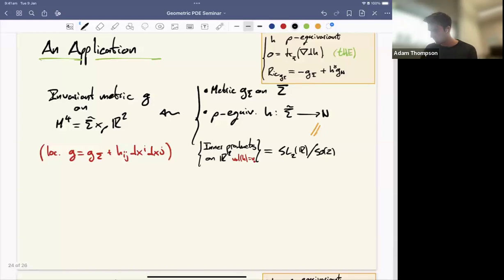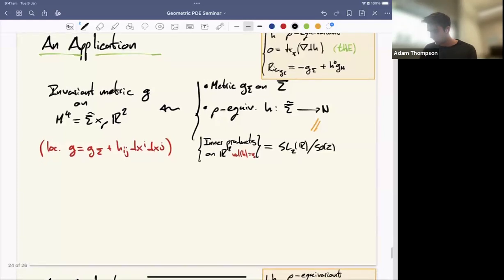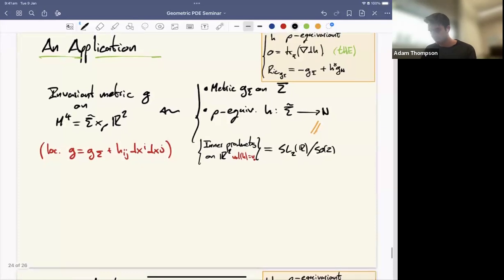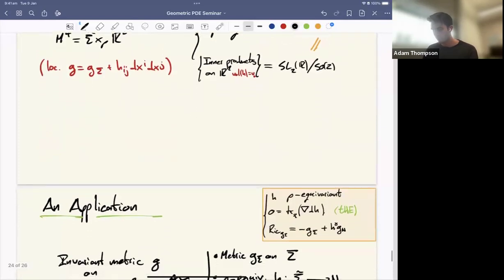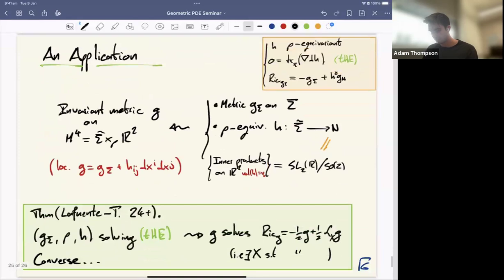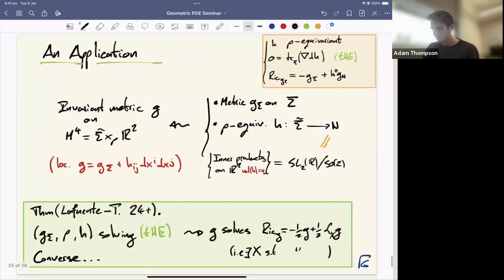Okay. And so the significance of this, or why we originally looked at the Harmonic-Einstein equations, is that if I cook up metrics in this way on these flat vector bundles, and I have a solution to these Harmonic-Einstein equations, then I can find a metric that solves the so-called Ricci soliton equation.